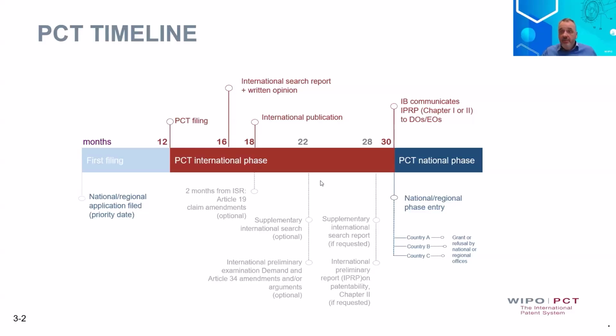It does unfortunately happen in practice that sometimes things are late, either on the side of the applicant or on the side of the office, and the 28 months is not really respected in all cases, which is a shame, because the idea of the system is, of course, that you get the report out of the Chapter 2 procedure at 28 months, so still before you need to enter national phase, and you can look at it and then base your further decisions on whether and where to enter national phase on the findings in that report.